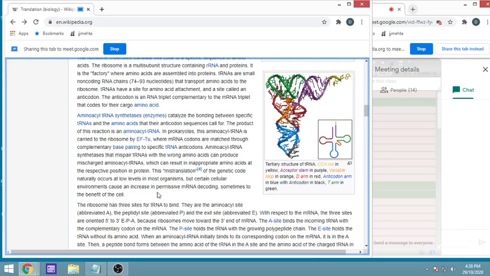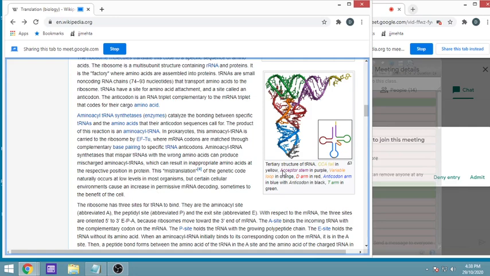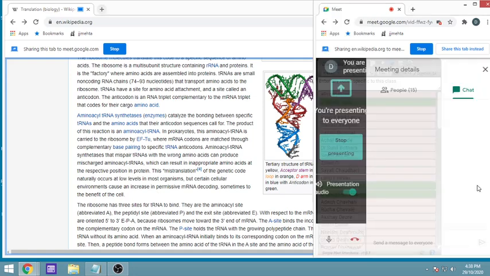Okay, this mistranslation problem is not in genetics here. Codons are correct, genes are correct, but the problem is occurring at this level, that it is not translating properly.